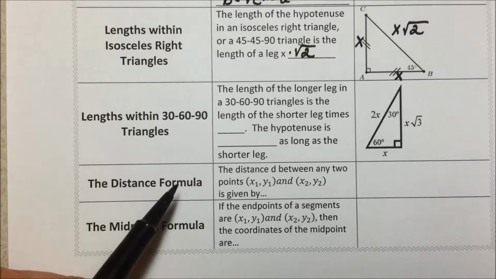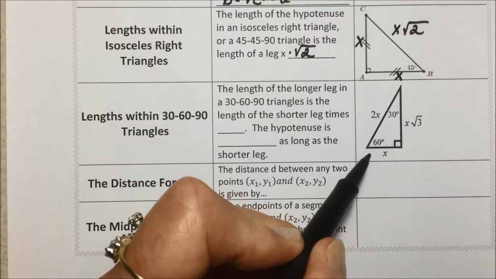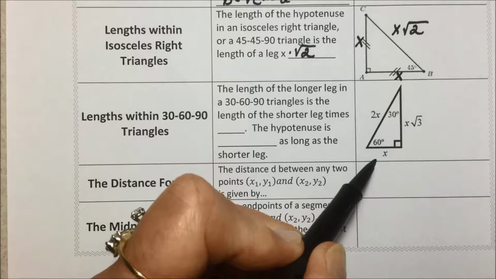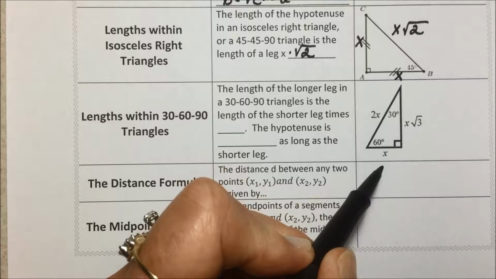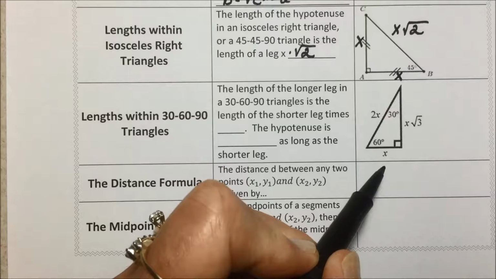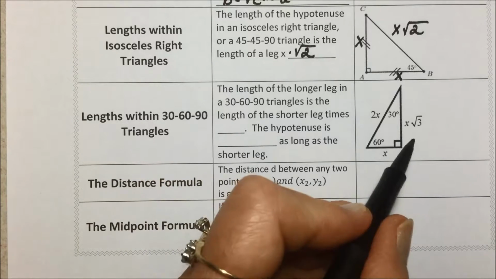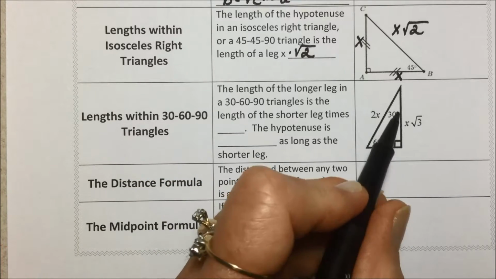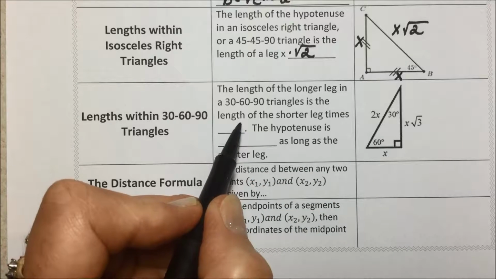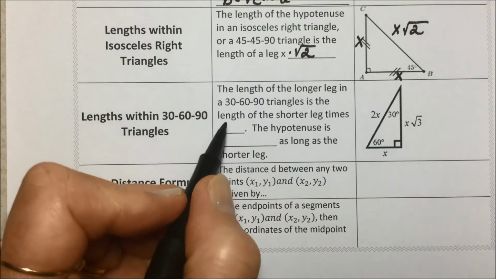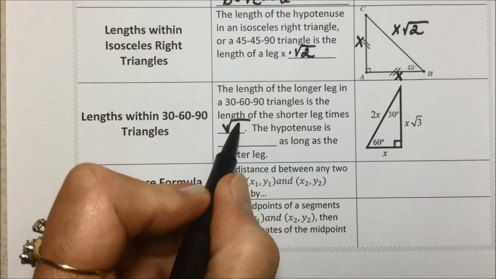If we let the shorter leg, and the shorter leg is always the side of the right triangle opposite the smallest angle, so this is 30 degrees, the opposite leg is equal, we'll call it x, we can determine the length of the longer leg, which would be the other side of the 90-degree angle, by taking the length of the shorter leg and multiplying it by the square root of 3.